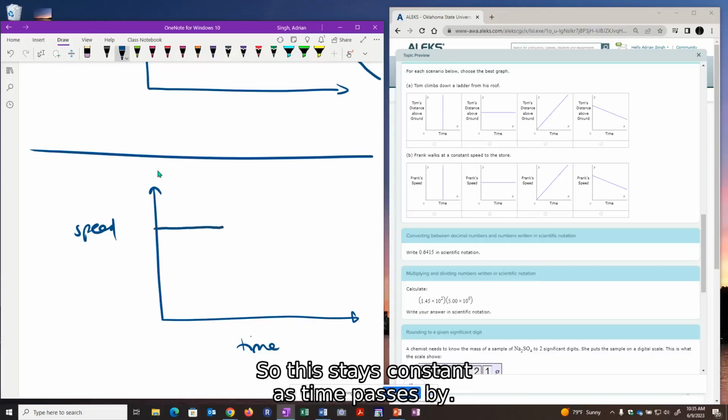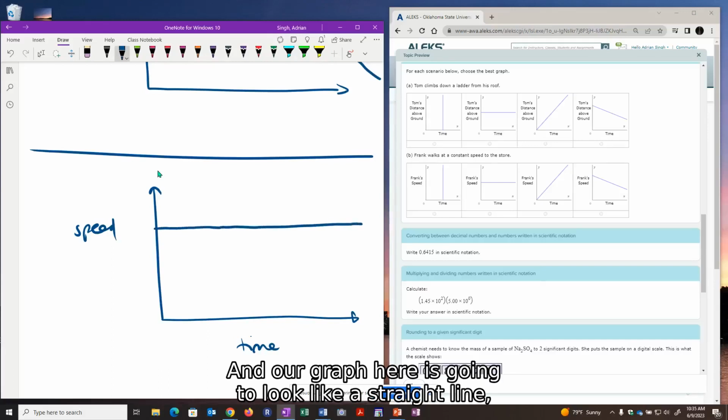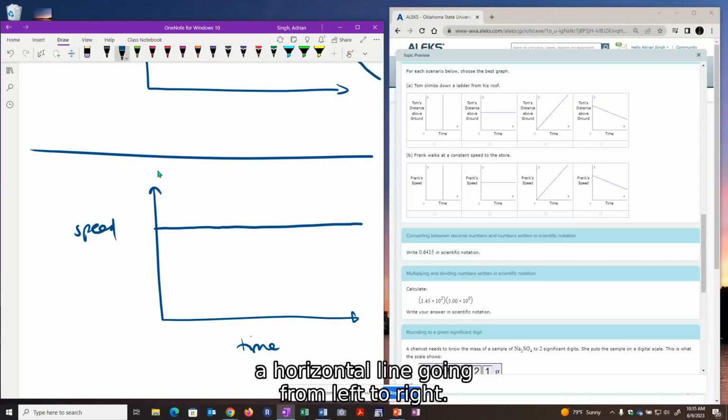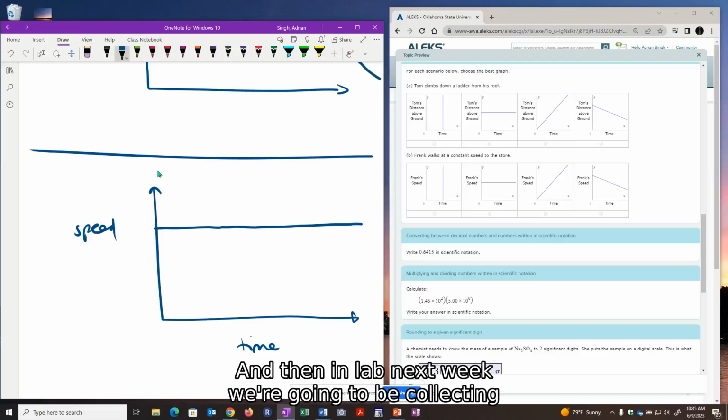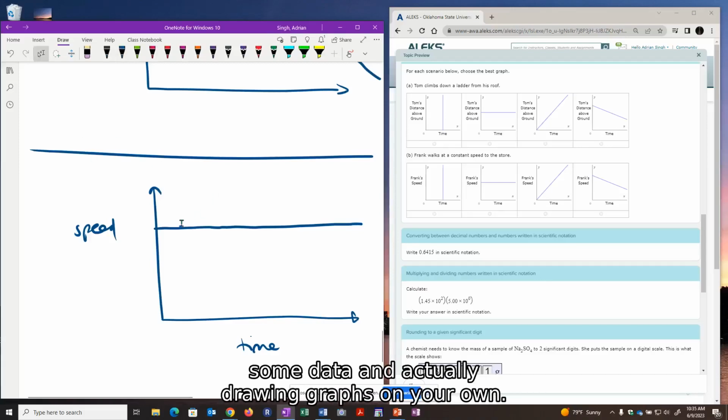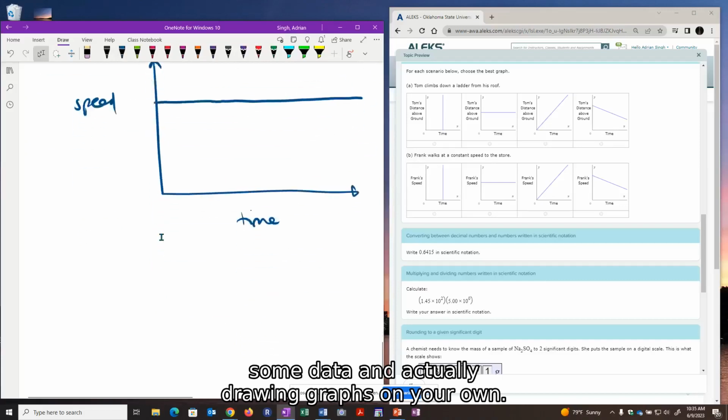So this stays constant as time passes by, and our graph here is going to look like a straight horizontal line going from left to right. So the idea behind these questions is just to get you oriented with how graphs look and how we interpret them. And then in lab next week, we're going to be collecting some data and actually drawing graphs on your own.